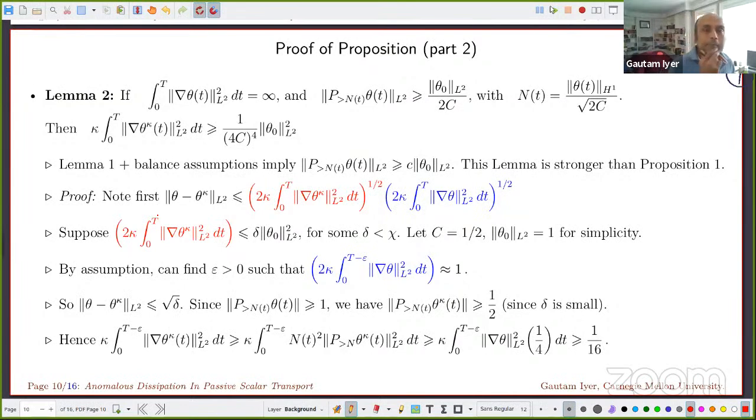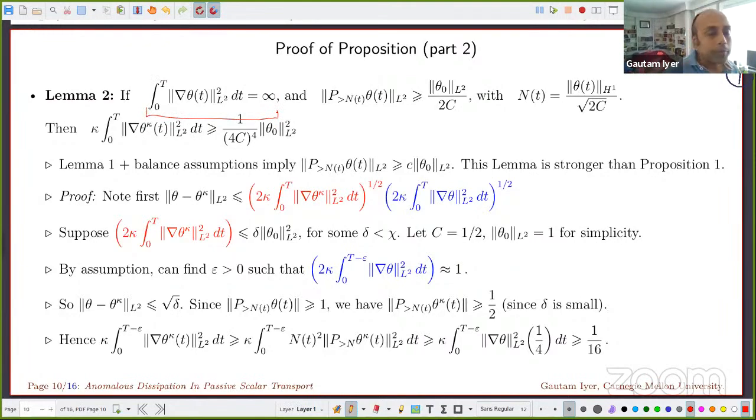I claim, so this is a little bit more involved, but let me go through it. Suppose for the inviscid equation, I had the integral from 0 to t of the norm of gradient theta in L2 squared to be infinite. This is the same assumption I make in the proposition.